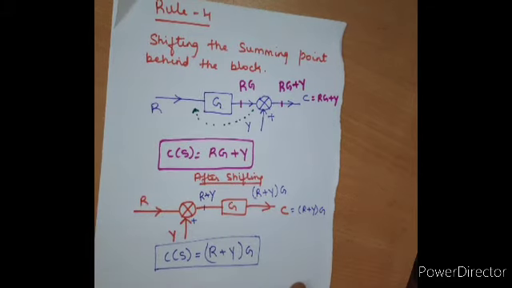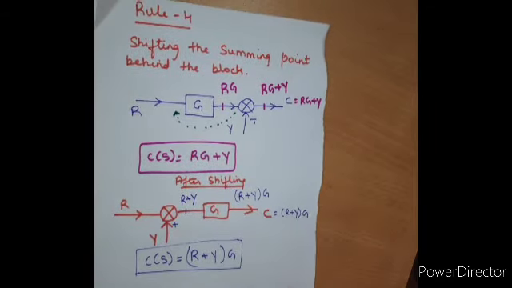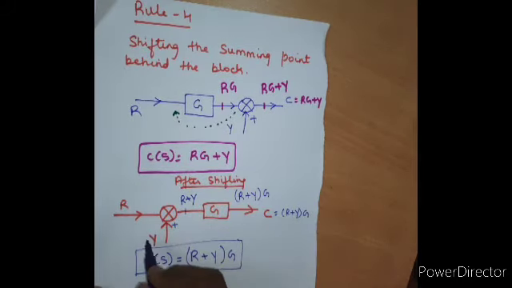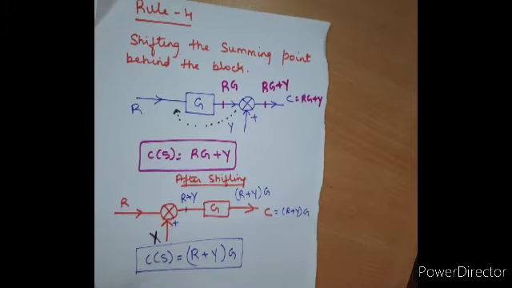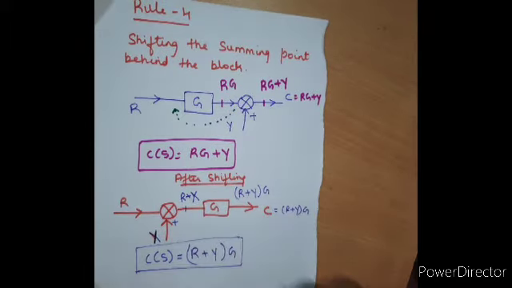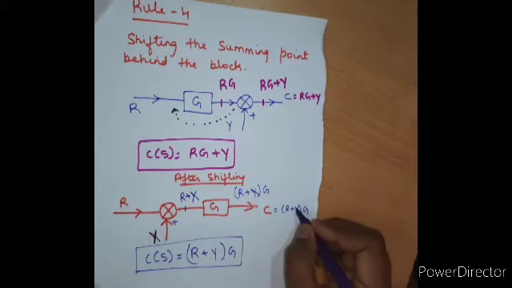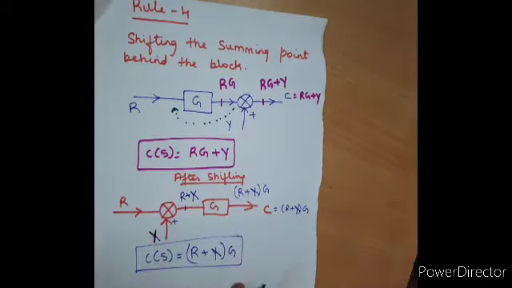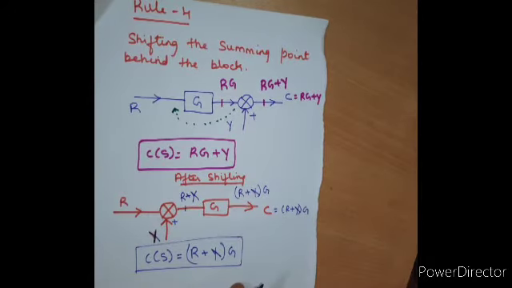How can I get that? What I will do is rename this shifted Y as X, just for simplicity. Now the expression is R plus X, times G. These two are not the same, and my task is to make them the same.